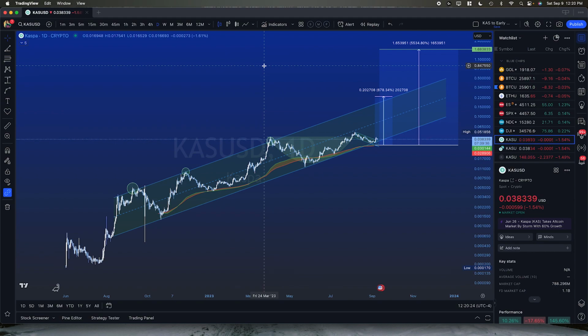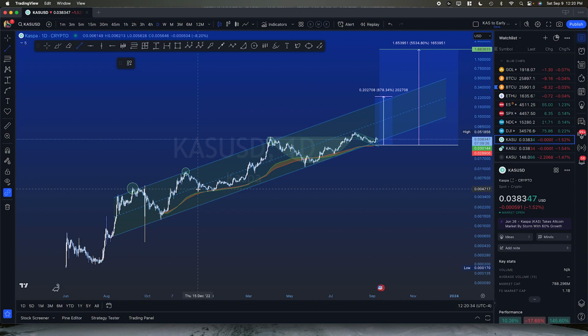The other day, I saw somebody draw a trend line on Kaspa to show a possible bear case for Kaspa. And I don't use trend lines much, so I don't draw them too often.